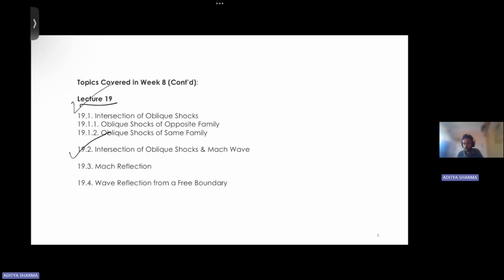And then there is Mach reflection. When the flow is deflected towards itself, let's see, we have the flow moving between two walls. We give a deflection at one wall, so what we get is an oblique shock. This oblique shock will hit the upper wall, and then it should reflect.